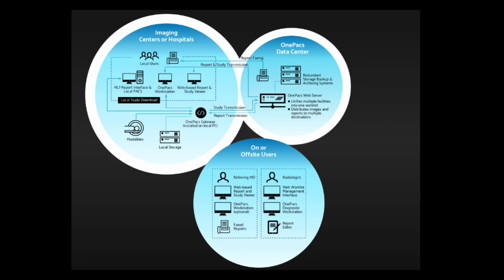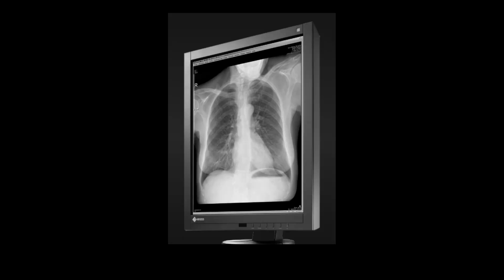The next area you have to look at is the electronic workflow, especially when you're looking at the HIS, the RIS, and the PACS, and the information workflow within these systems. Finally, you have to look at display, both the monitor and the environment.